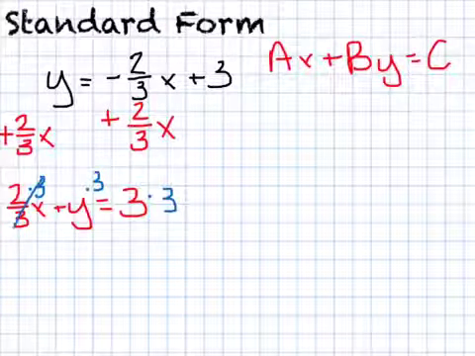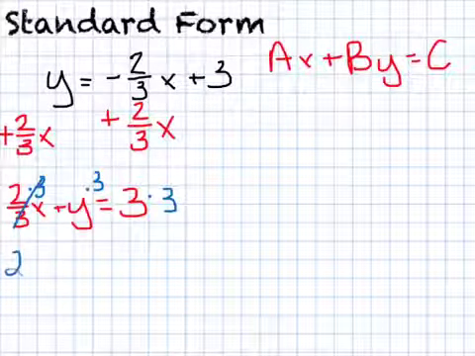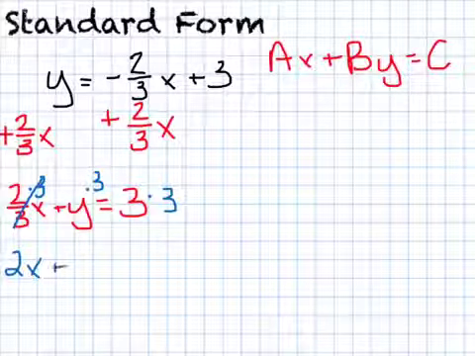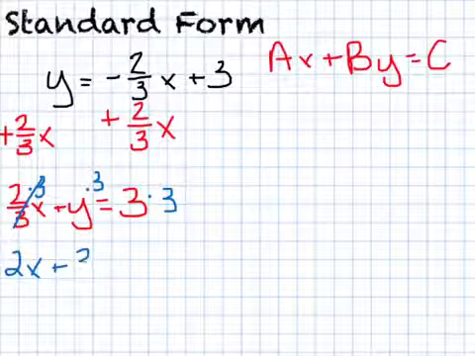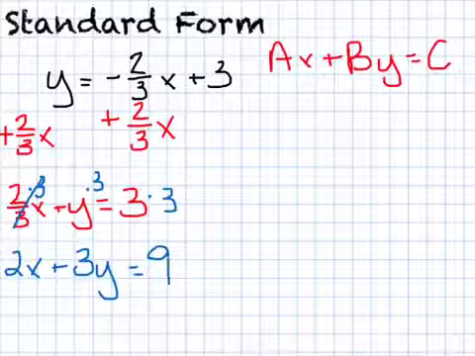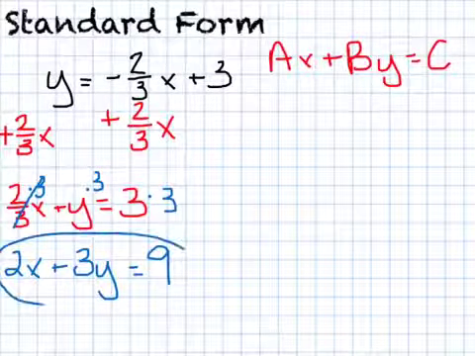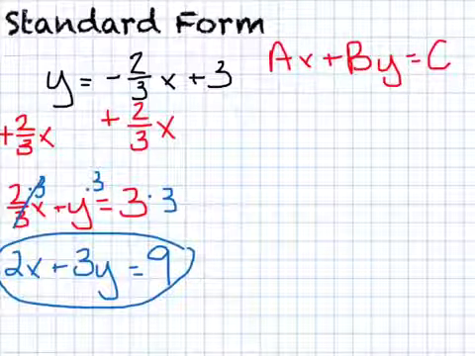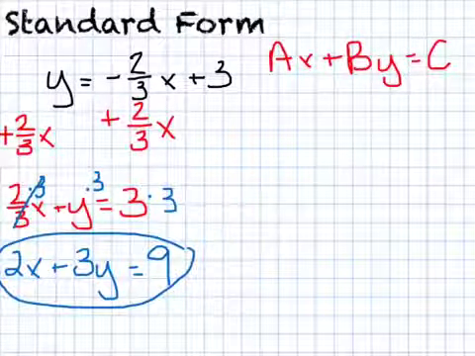When I do that, our 3's cancel out and we get 2x plus 1y times 3 would be 3y equals 3 times 3, 9. So when I'm writing it in that form, my final answer will be 2x plus 3y equals 9.